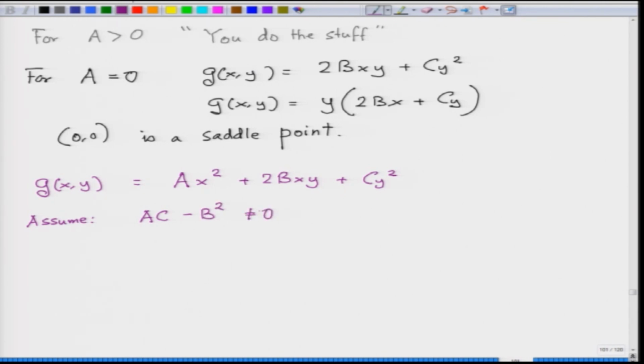If I assume that, then what I have is the following. If AC minus B square is strictly bigger than 0, then if A is strictly bigger than 0, it implies that 0 0 is the minimizer.